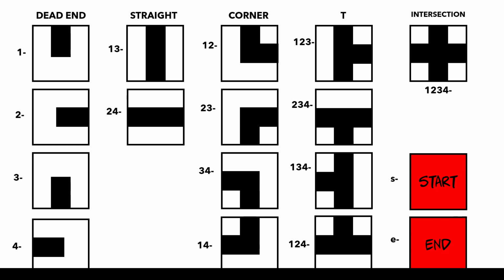Now, let's say you want to create a couple of variations of the dead end 1. So you want to have a dead end coming from the top in different variations. So what you would do then is the beginning of the name is still 1 dash, and then you're going to add whatever you want for the computer to distinguish it as a different version of the dead end number 1.